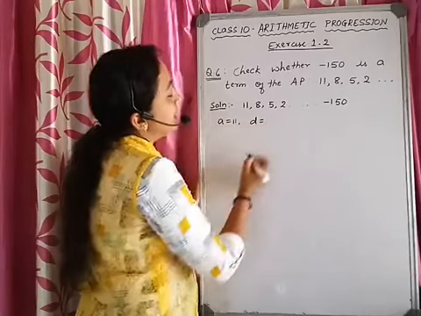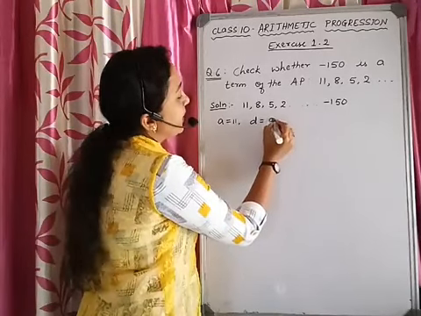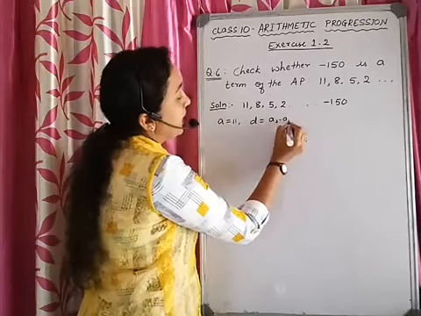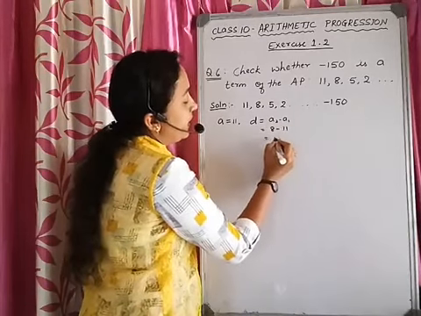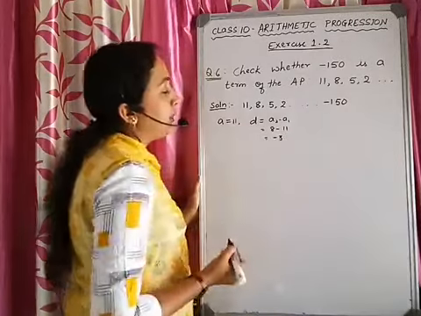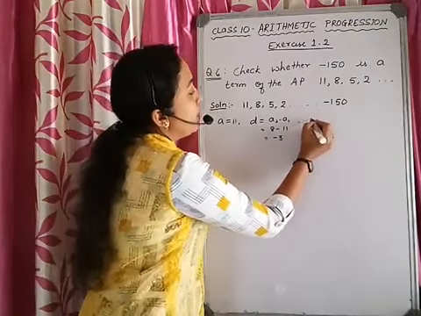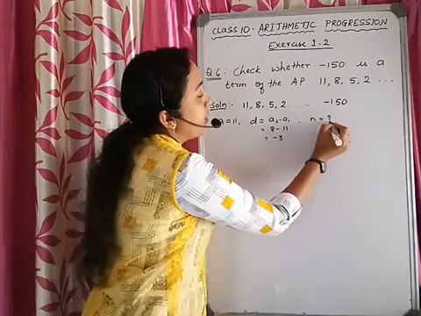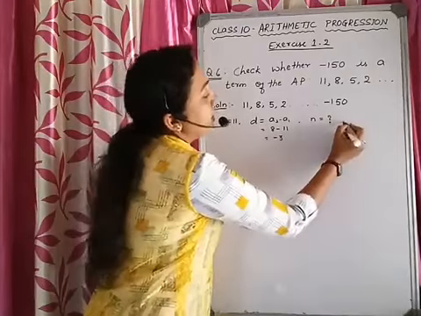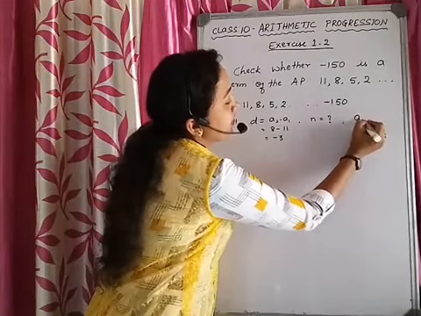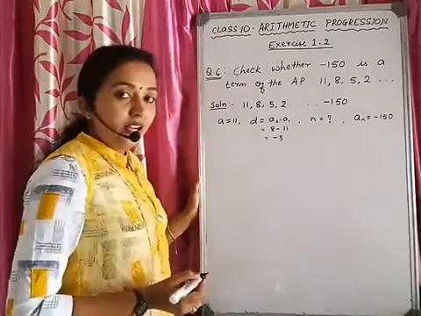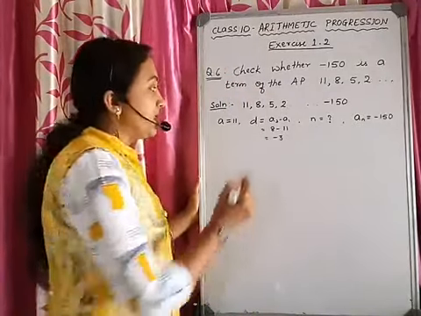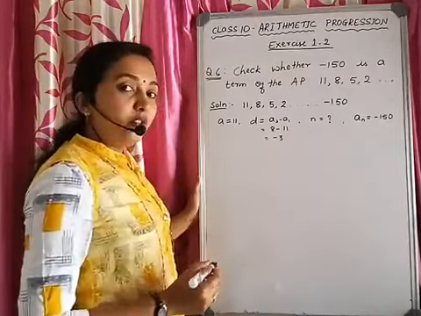Common difference d is equal to a2 minus a1, that means 8 minus 11, which is minus 3. We don't know n, we have to find that. So we consider minus 150 as the last term. Okay, let us substitute this data in the formula.